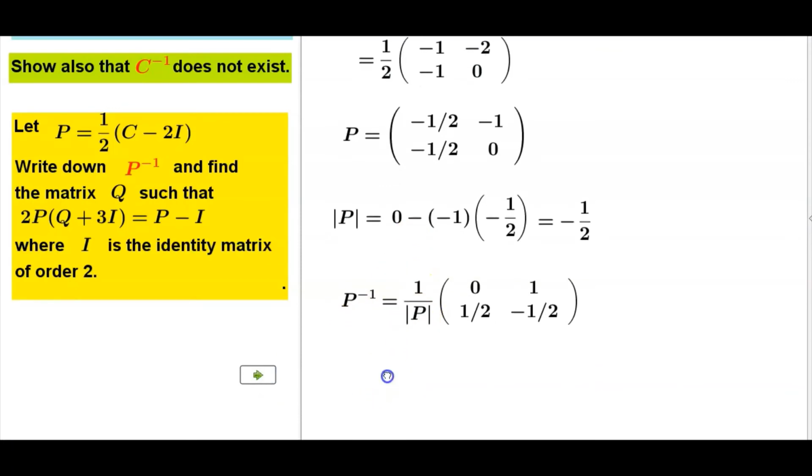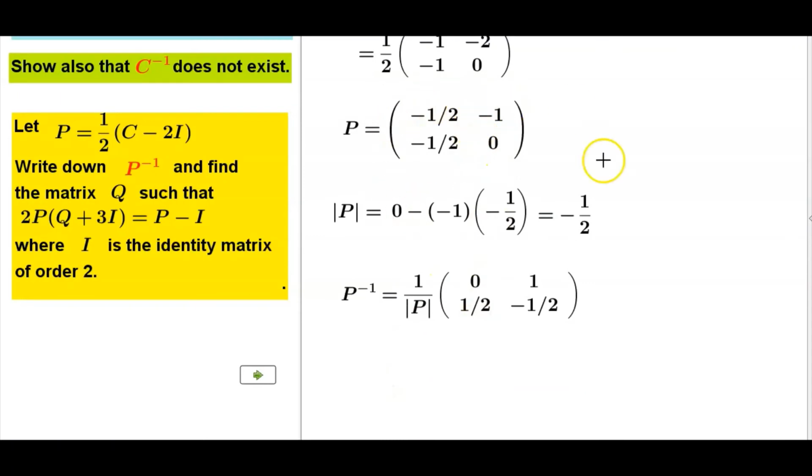The P inverse is 1 over determinant P into this matrix: 0, 1, half and minus half. Here the elements are interchanged, and this diagonal should be multiplied by minus.